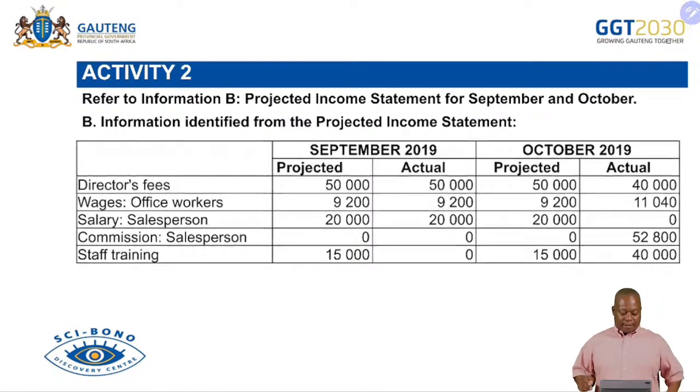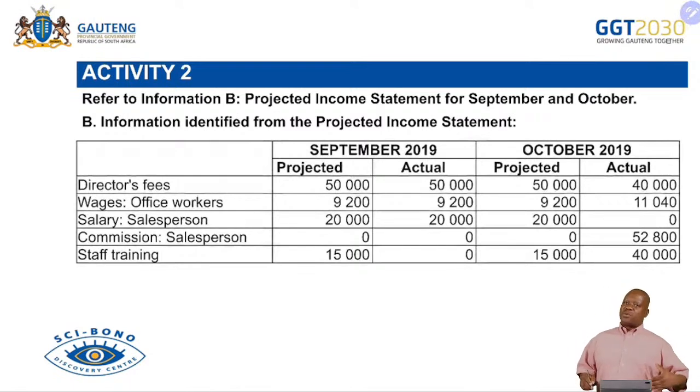You'll see one day. Sales of the salesperson, sorry. We had budgeted 20 in September and we spent 20,000. So fair and fine. We had budgeted 20,000 in October, but we are not paying any salary anymore to the salesperson. Why? We are introducing commission.